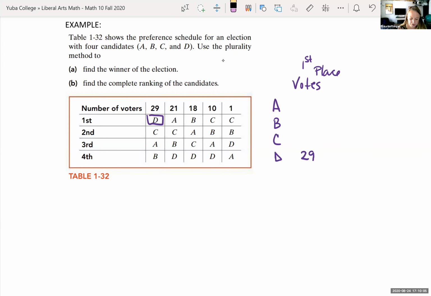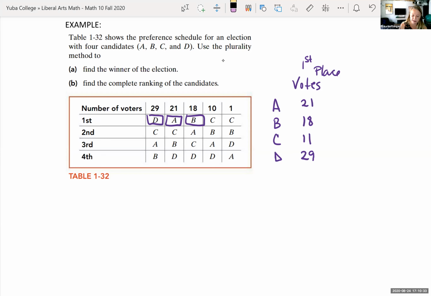And if I look through the first place, none of the other groups have D as their first choice. Looking next at 21, it looks like 21 thought A should win. B only got 18 of the votes, and C got 10 plus 1, which is 11 of the votes.